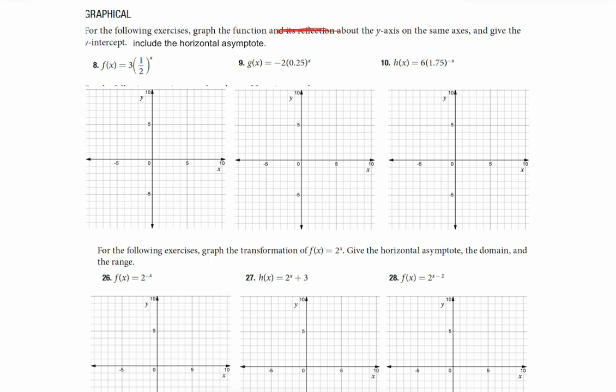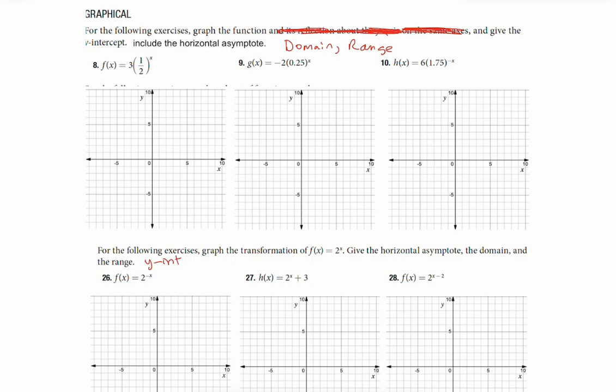I don't need its reflection about the y-axis. So all I want you to do is graph the original, give me a little table, tell me the domain, the range, the y-intercept, and the horizontal asymptote. Same thing down at the bottom. Give me the horizontal asymptote, the domain, and the range.